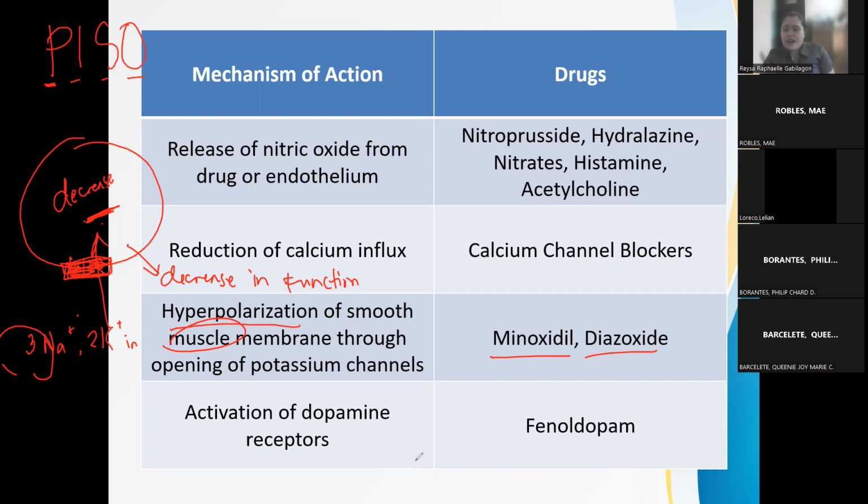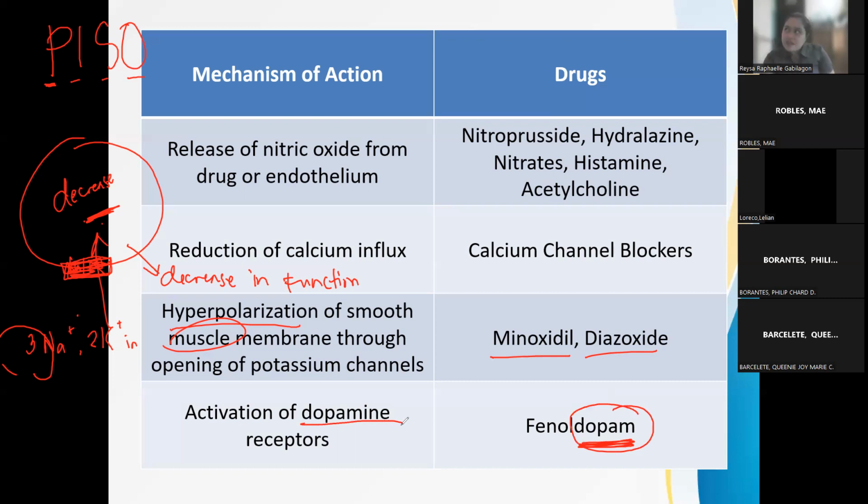Okay, last for our vasodilators, we have the fenoldopam. From the name itself, please take note na its action is on the dopamine receptors. So it's different from all the other drugs. We don't really discuss dopamine that much, but this drug activates the dopamine receptors, and these dopamine receptors can in turn cause dilation of the blood vessel.